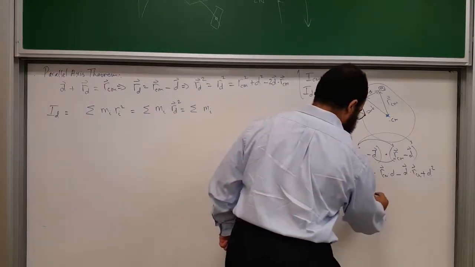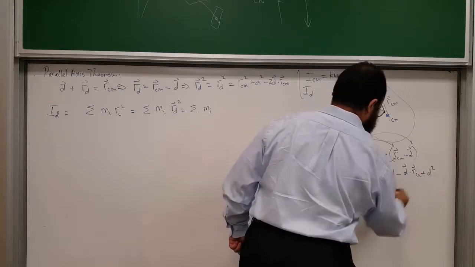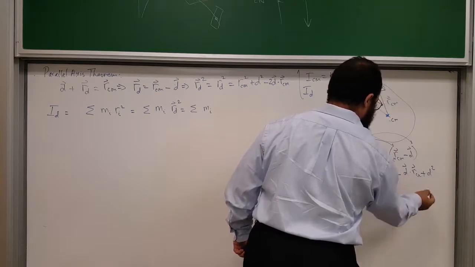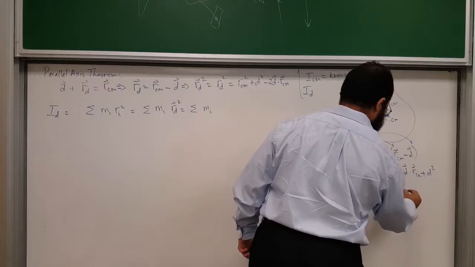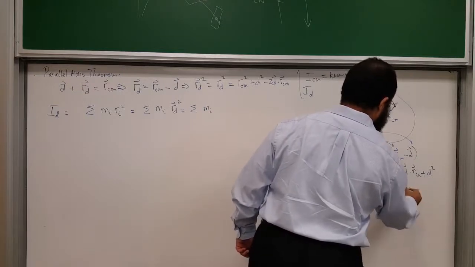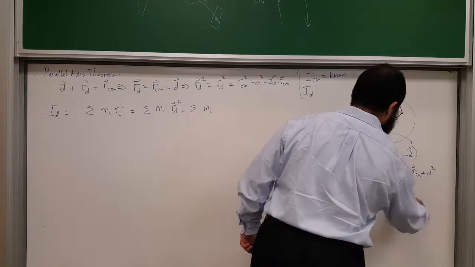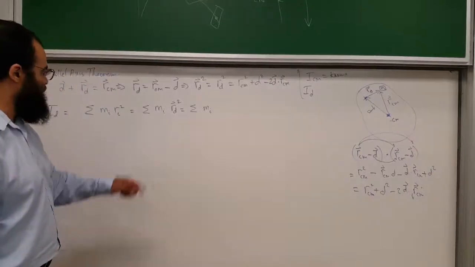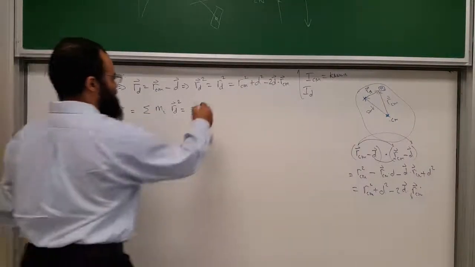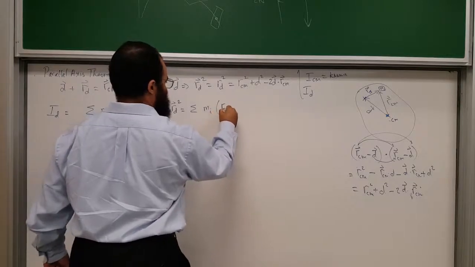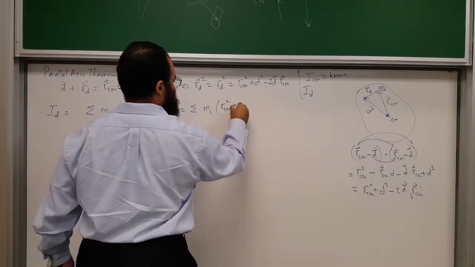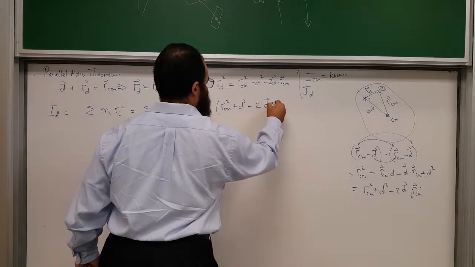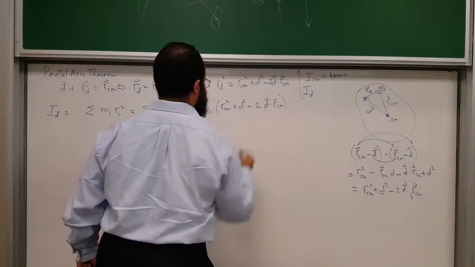So I have R center of mass squared plus d squared, and then R dot d or d dot R, they're the same, so you just have minus 2 d dot R center of mass. Okay, that's where that came from. So I have mi, and then rd squared, which gives me R center of mass squared plus d squared minus 2 d dot R center of mass, like so.